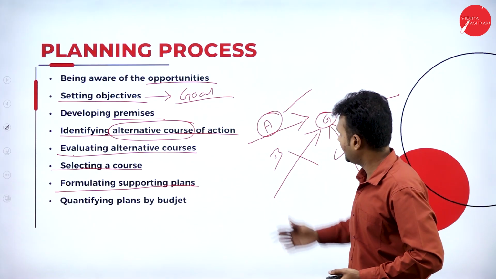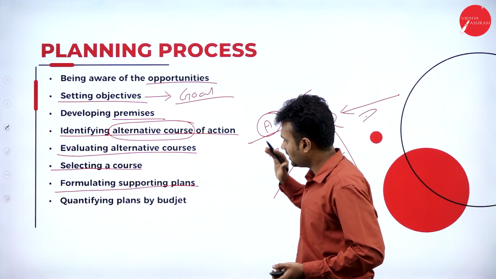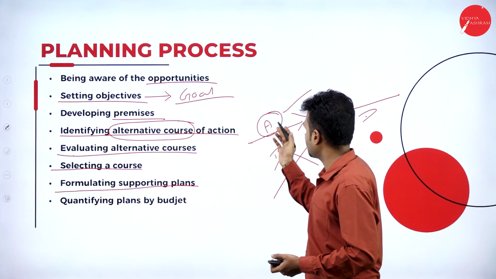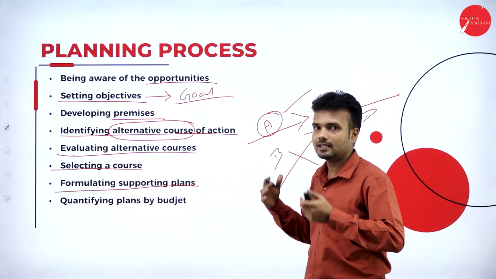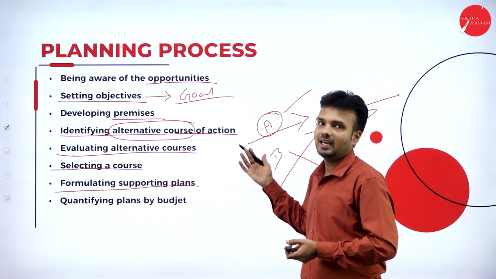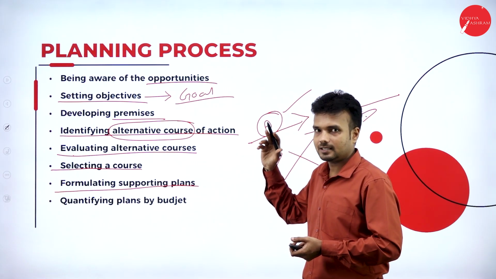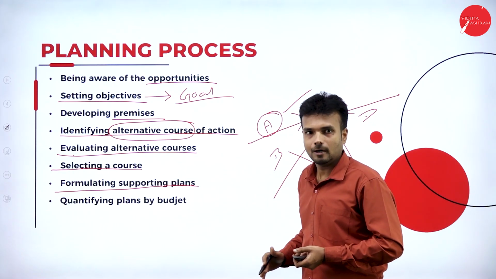In the same way, there are many supporting plans which support the main plan, because these supporting plans are like the foundation without which the main plan cannot be executed. The main plan must be executed through the supportive plans.